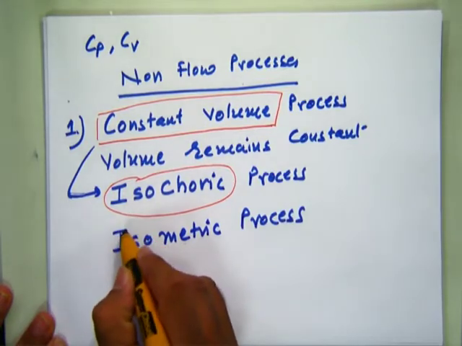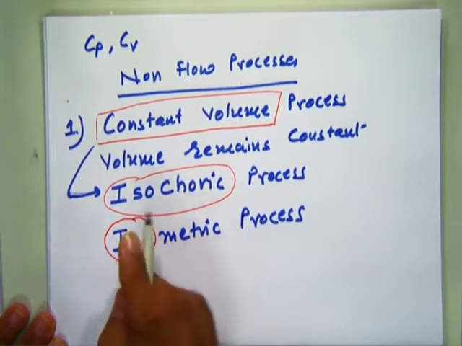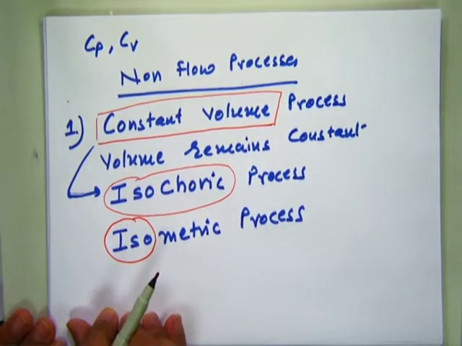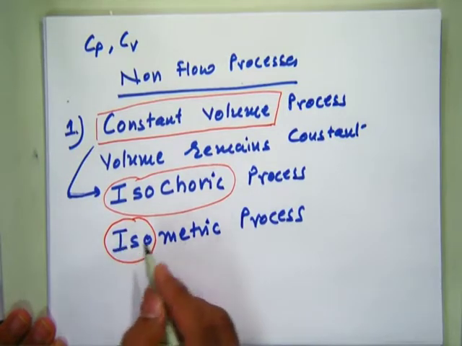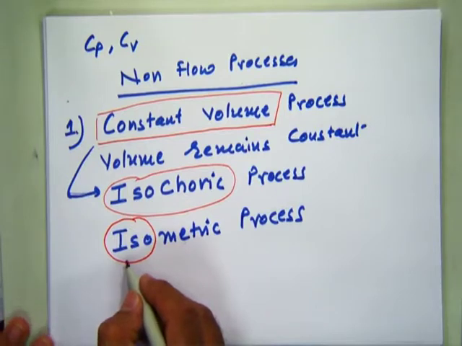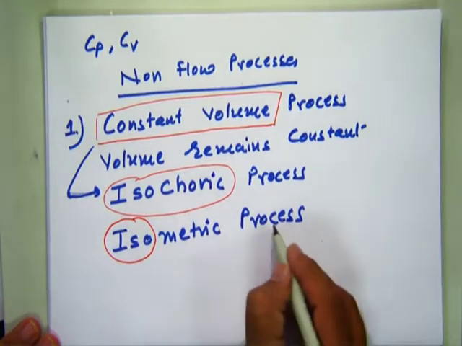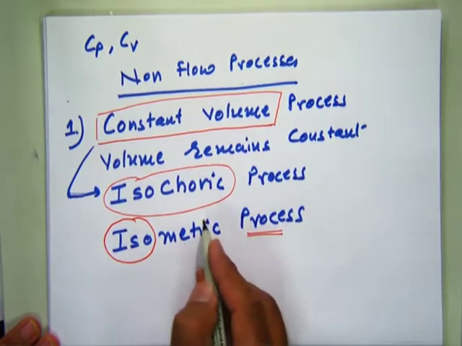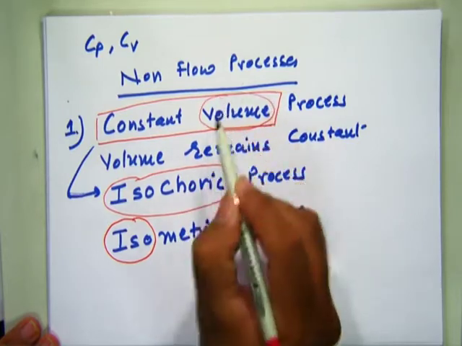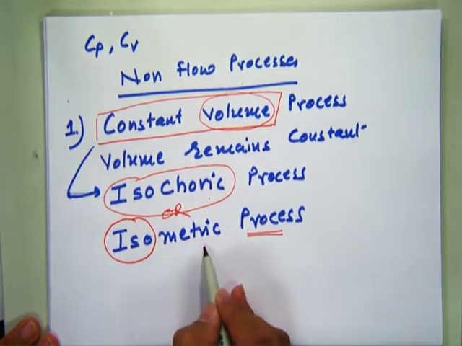Because the term iso is used to designate that a particular property remains constant during the process. Which property remains constant? The volume is going to be constant. So it is an isochoric or isometric process.